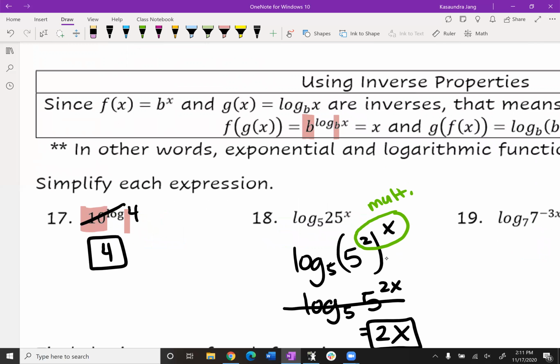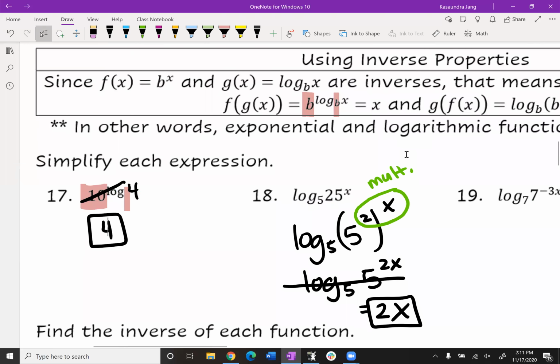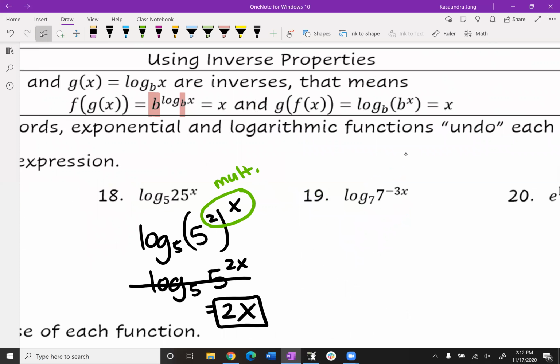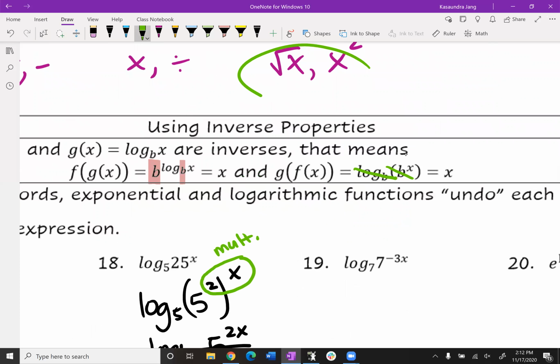Okay, cool. And then Maya, what was your question? So that's again for this reason over here. You've got a log with a base of b and an exponential with a base of b. It's like we were talking about up here, how a square root and a squared exponent totally undo each other.